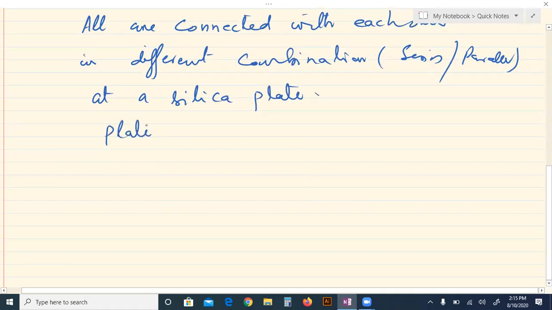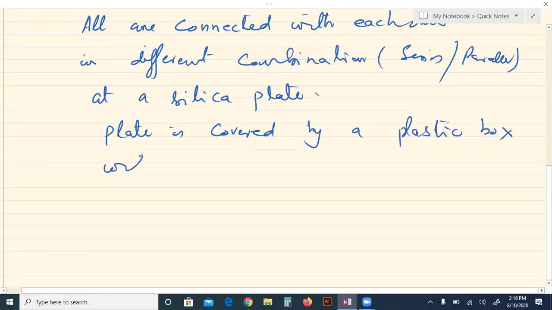The plate is covered by a plastic insulated box with at least 5 terminals.